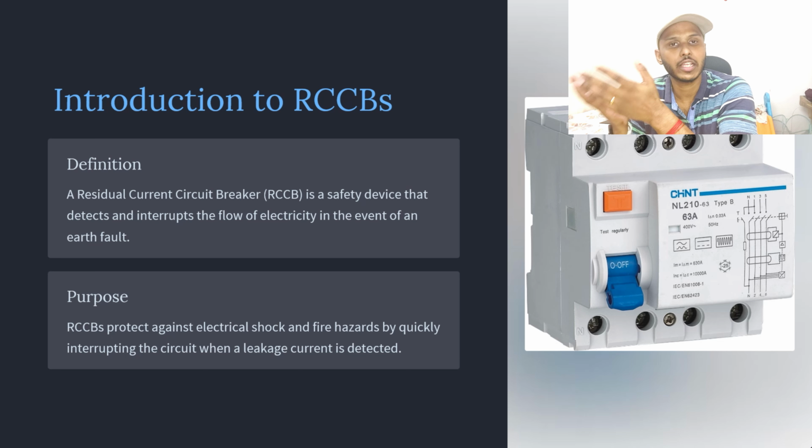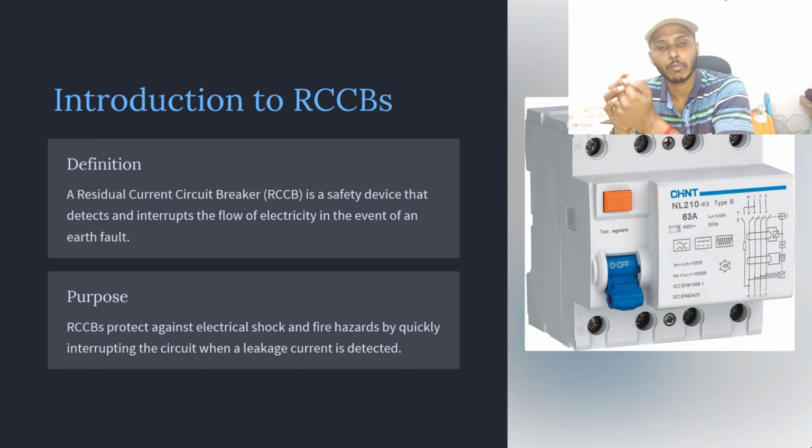There is no fault or leakage. Whereas if there is any leakage, then definitely the current going to the RCCB and coming back will be different. It will be lesser than the incoming current.